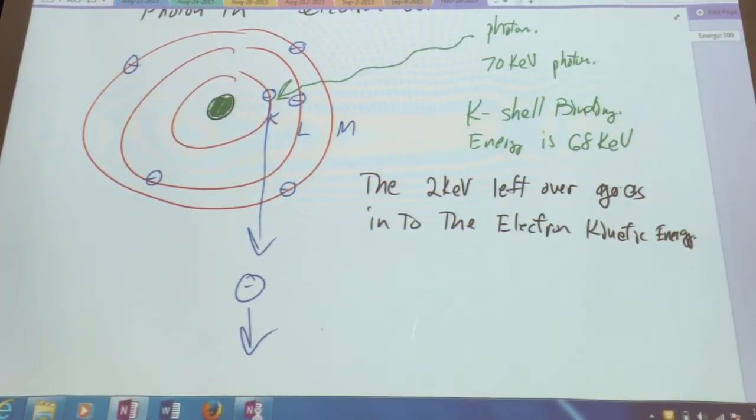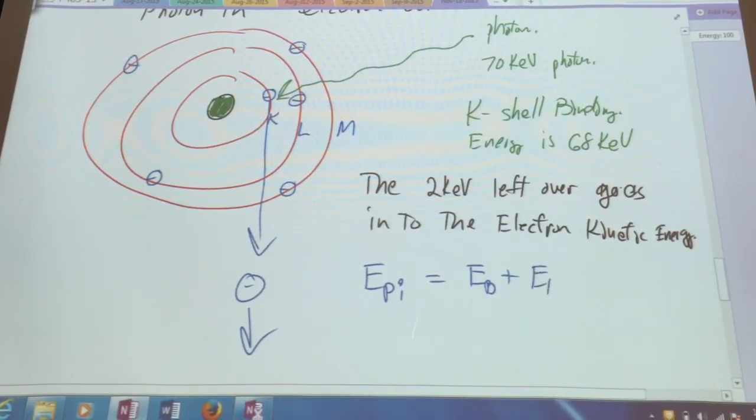And then what else do we have besides the binding energy of the electron? The kinetic energy of the electron. A suggestive symbol might be EK, yes. So hopefully what you have looks something like this: the incident photon energy is equal to the binding energy of the electron plus the kinetic energy of the electron.